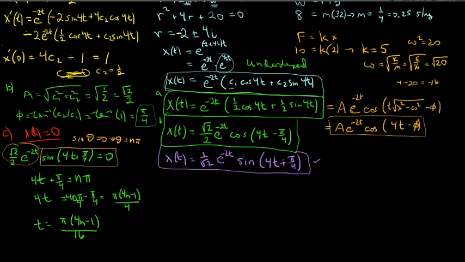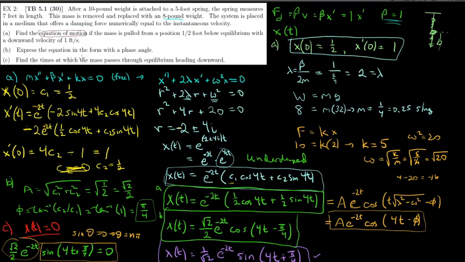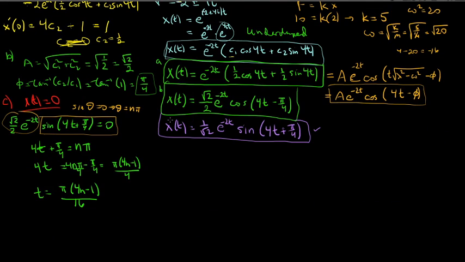And I just realized that that's not going to be quite true here. We're not quite done with this. Shoot. So here's the reason. Remember the original question, which is way up here now. Find the times at which the mass passes through equilibrium, heading downward. So maybe we should draw a little graph here.